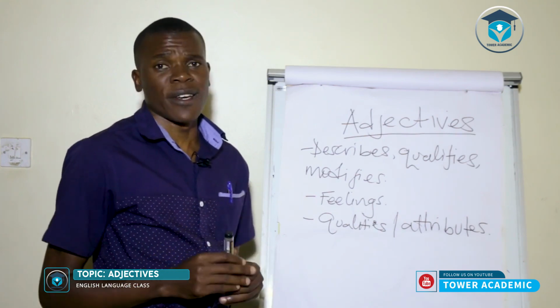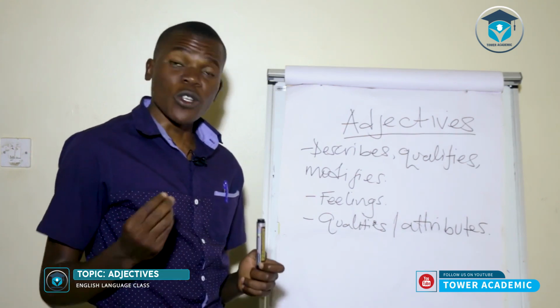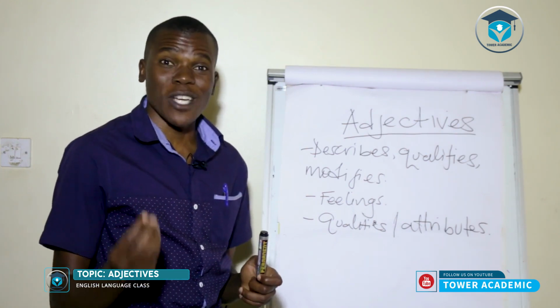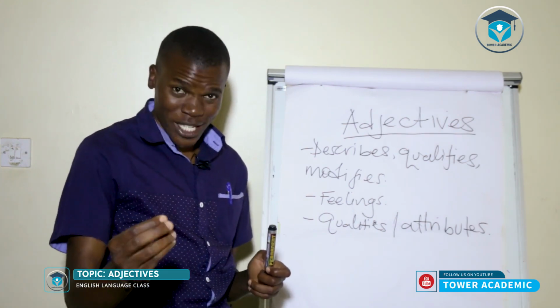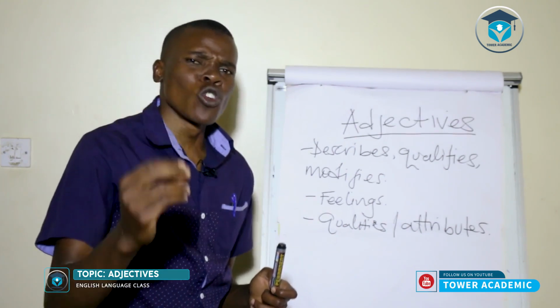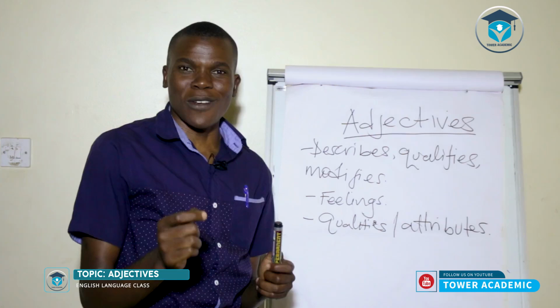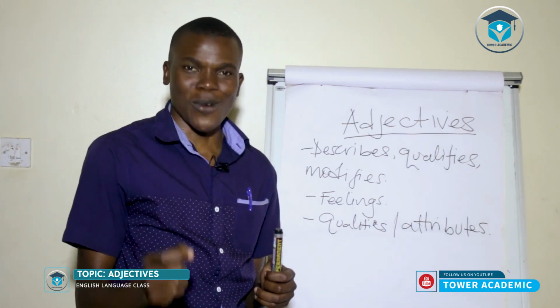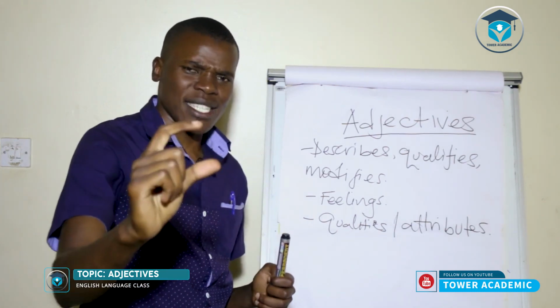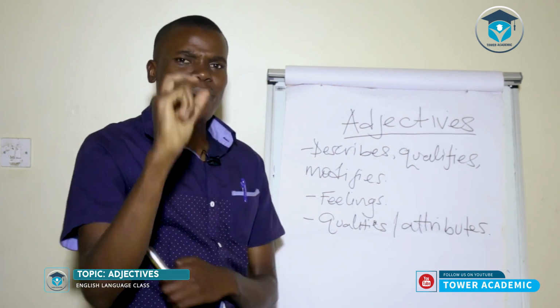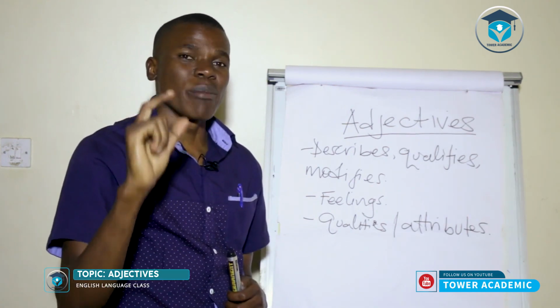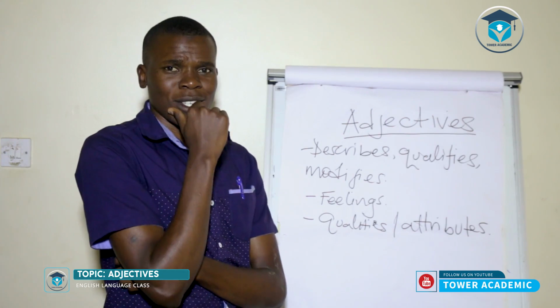This person, whenever they are going to work, does not present themselves as shabby. They present themselves as very smart and organized. So when you say smart, you are describing the person's quality or attribute.